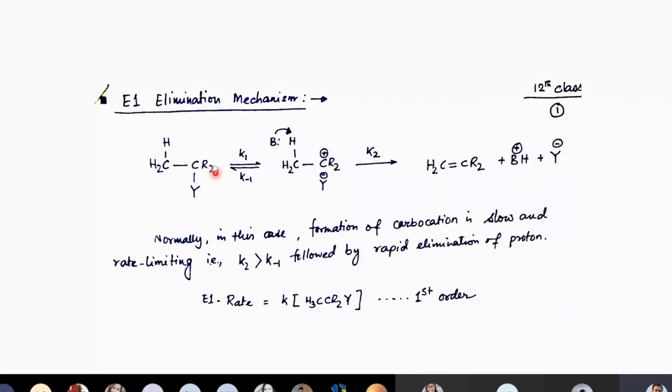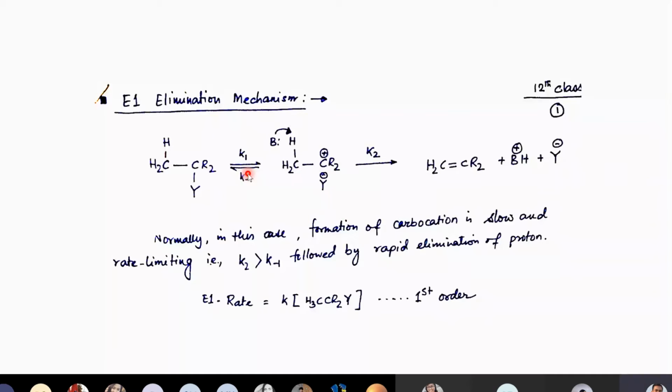So first you take this substrate, the Y would leave first to form this carbocationic intermediate, and then in the second step, this base would take up this proton and you will get this olefin. Okay, and these are your other side products. In this case, the formation of this cation happens to be in the rate-determining step. That means this is your fast step, this is your slow step. Okay? That means K2 is greater than K minus 1.